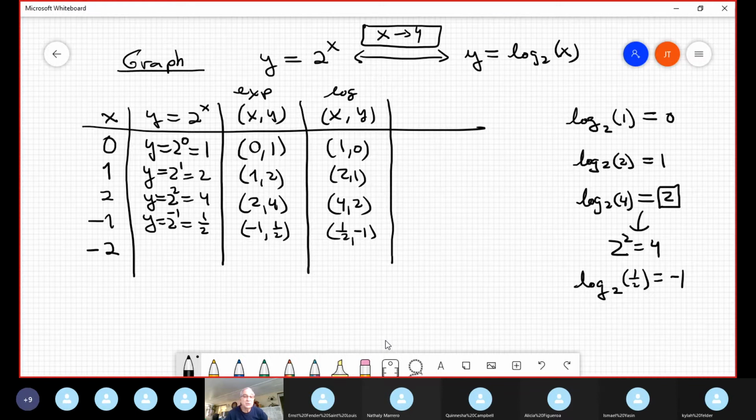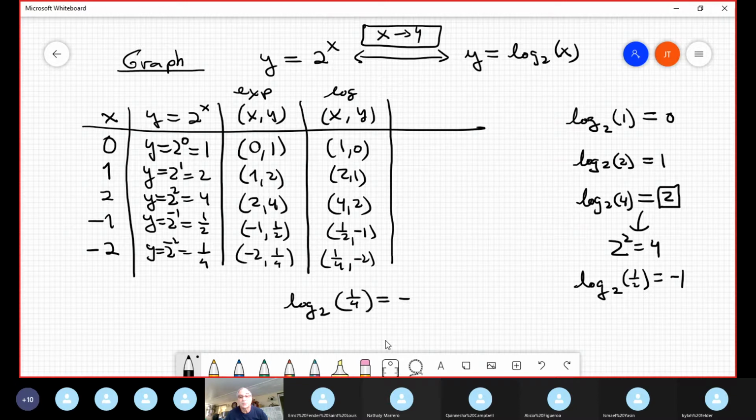Likewise, negative 2: y is equal to 2 to the minus 2, which is 1/4. So it is (negative 2, 1/4), and here it is (1/4, negative 2), because logarithm base 2 of 1/4 is obviously negative 2. Okay, this is the idea.